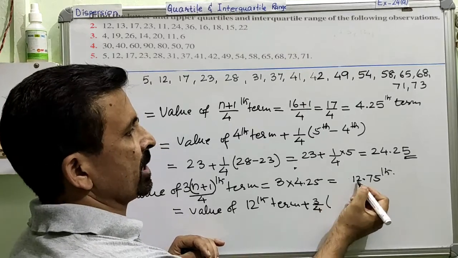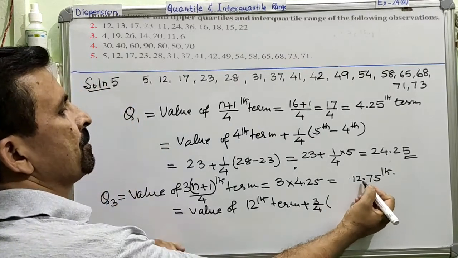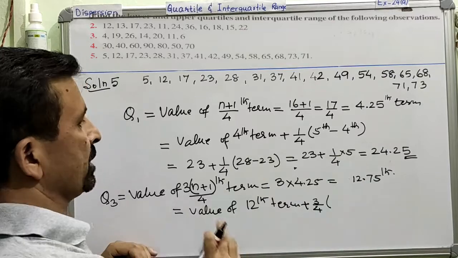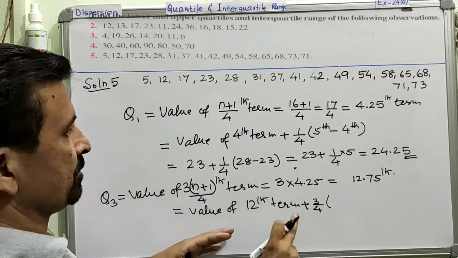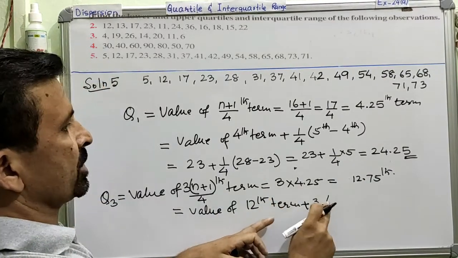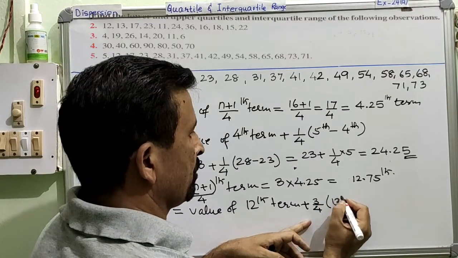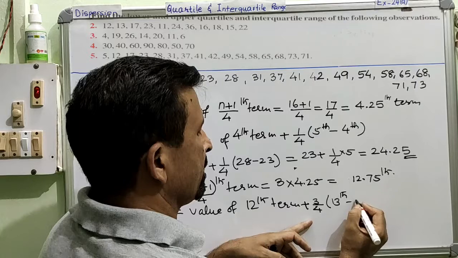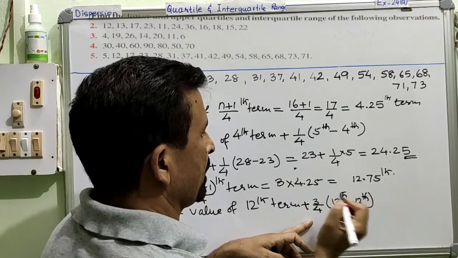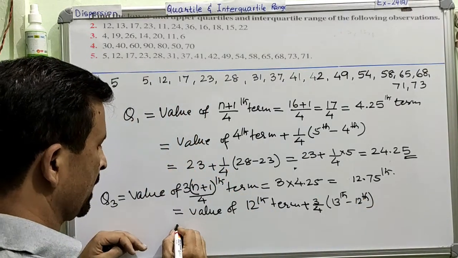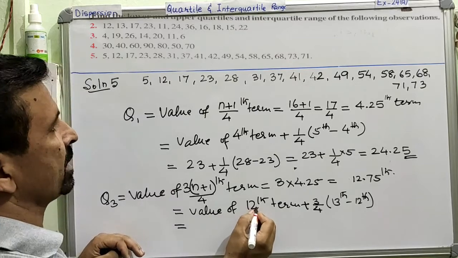Now this is the difference between 12th and 13th term, so your 12th term is, this will be 13th minus 12th term. Clear?